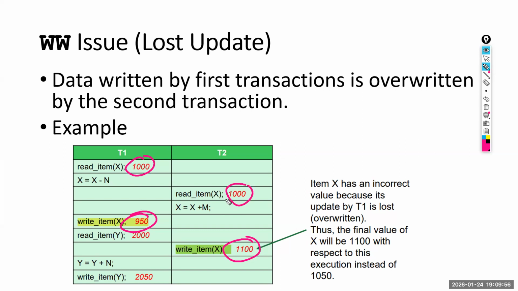Right. Ideally it should have read this updated value and then done it. Okay. Maybe you need to add some 100, so then it will be 1050 rather than 1100 if you read the old value. So that is the issue. Okay. So basically this update is lost.